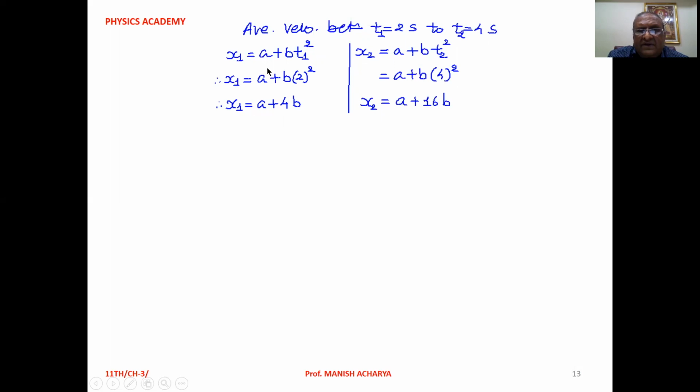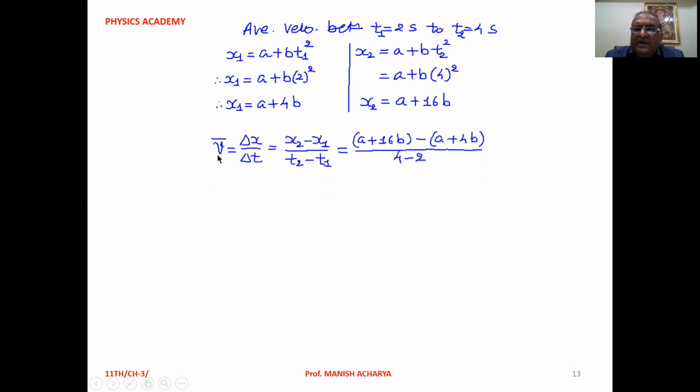Then write down another equation, x2 is a plus bt2 square. Substitute t2, that is 4. You will get the final position at time t equal to 4 seconds. So x2 equal to a plus 16b.